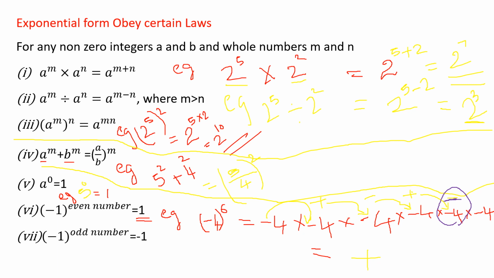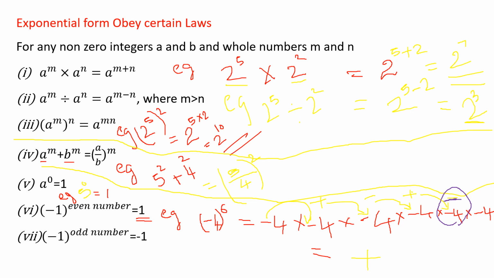And the second formula, a power m divided by a power n is equal to a power m minus n. And the third formula, a power m the whole power n is equal to a power mn. And what is the fourth formula? A power m into b power m is equal to a by b the whole power m.